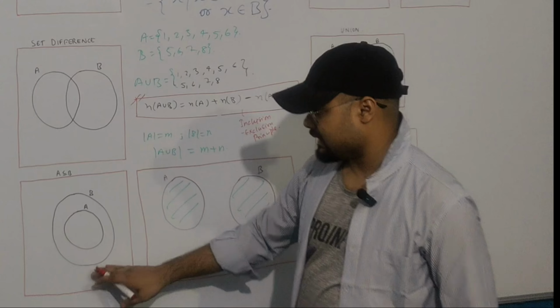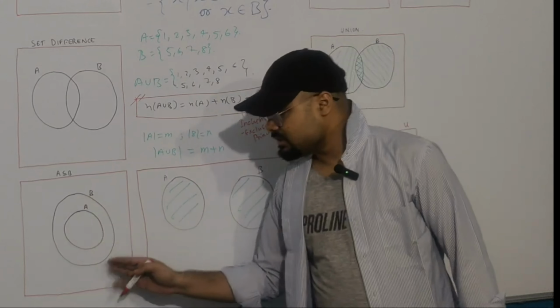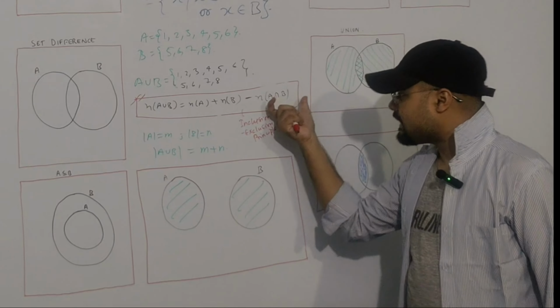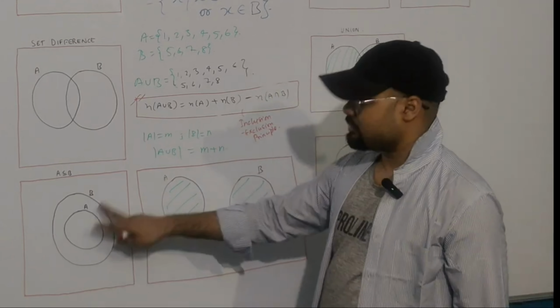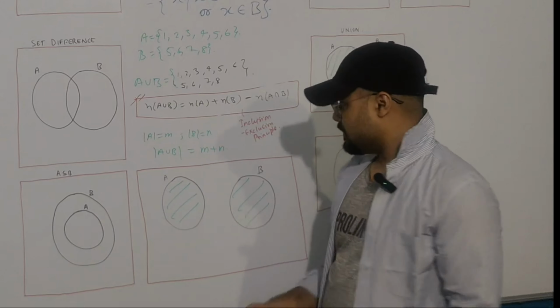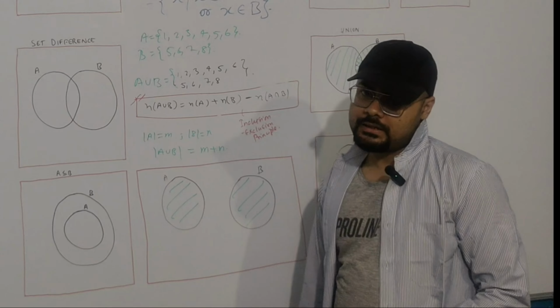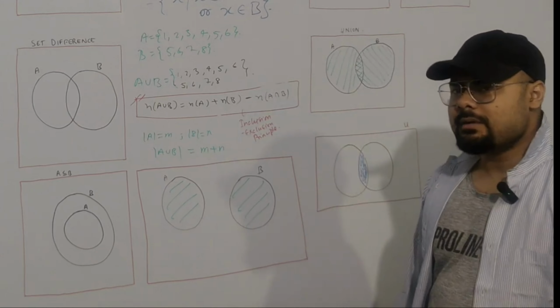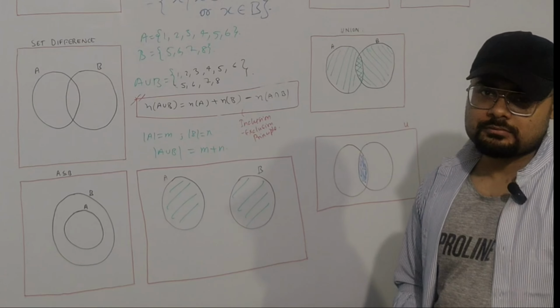Like this is one special case where A is a subset of B. For these special cases, you just fit that special part. When A is a subset of B, then A union B is nothing but B. Then what is the number of elements in A union B? It has to be the number of elements in B, right?